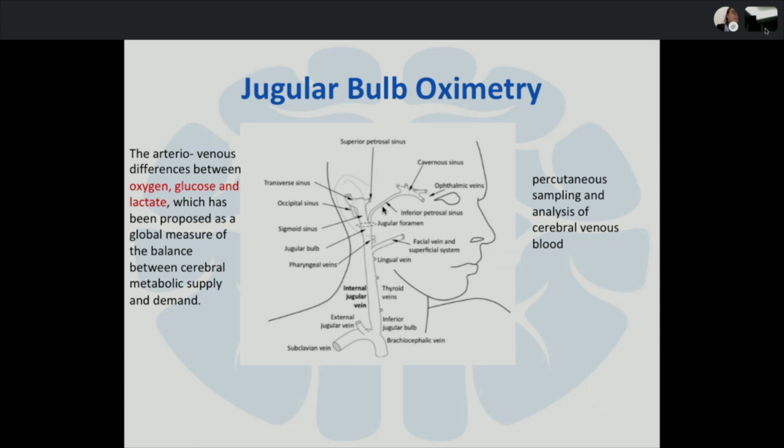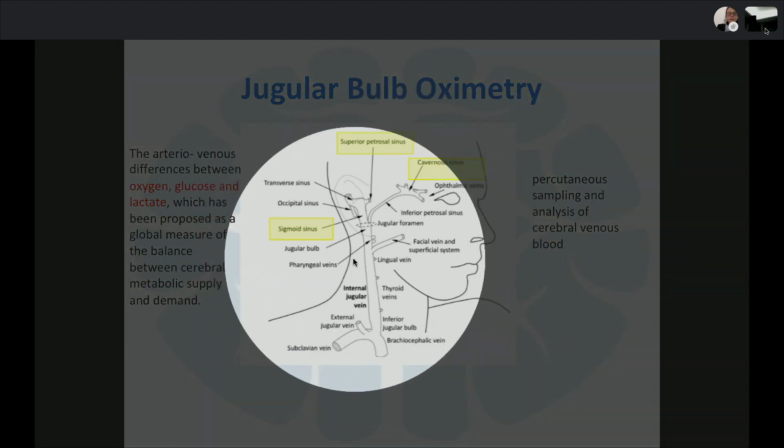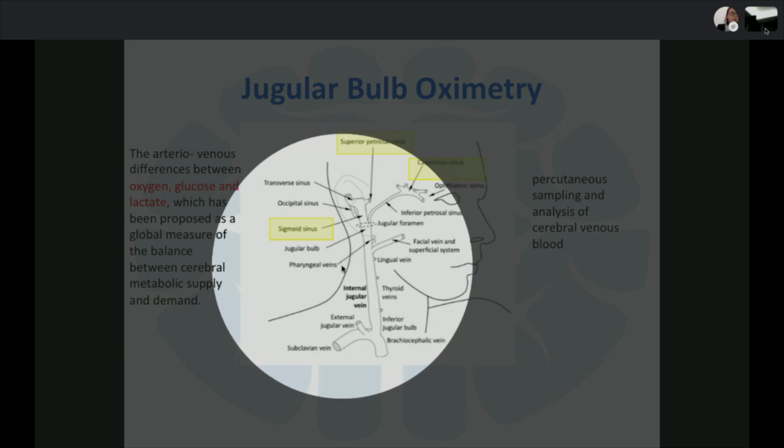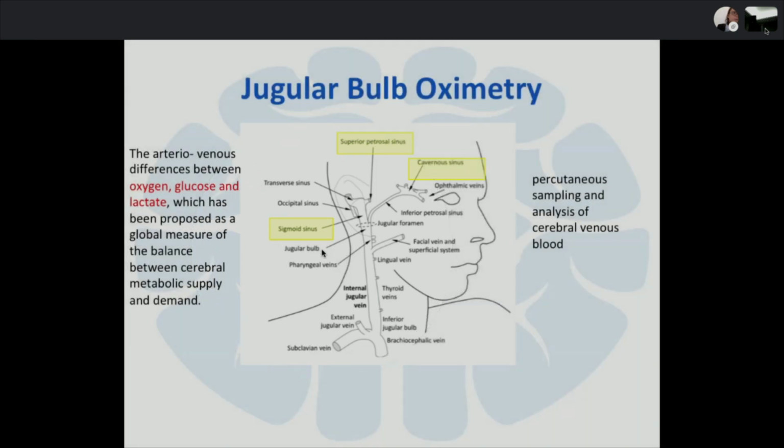So this is the normal anatomy of venous flow. As you can see here, the blood from the brain is collected by the major cranial venous sinuses, especially the sigmoid sinus, the superior petrosal sinus, and the cavernous sinus.